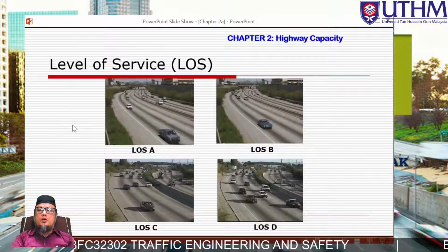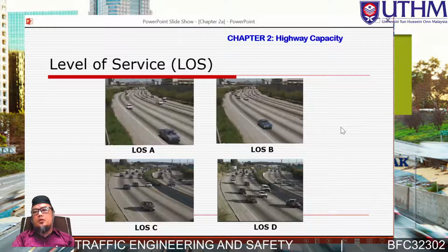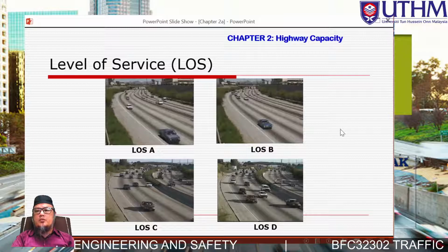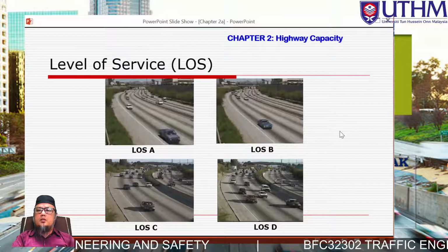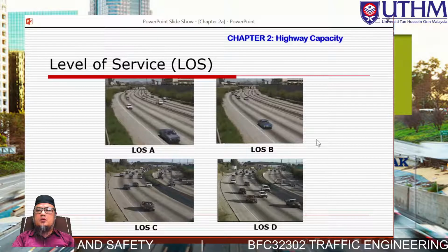We can refer to this picture. We have a short animation to visualize the real condition of each level of service category. So we go for the first one.